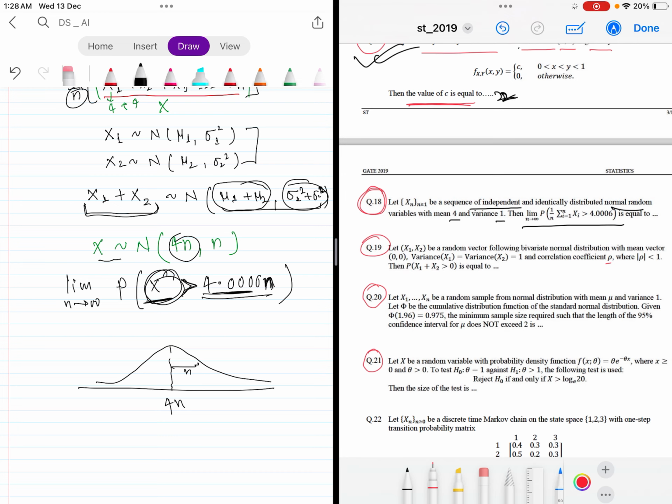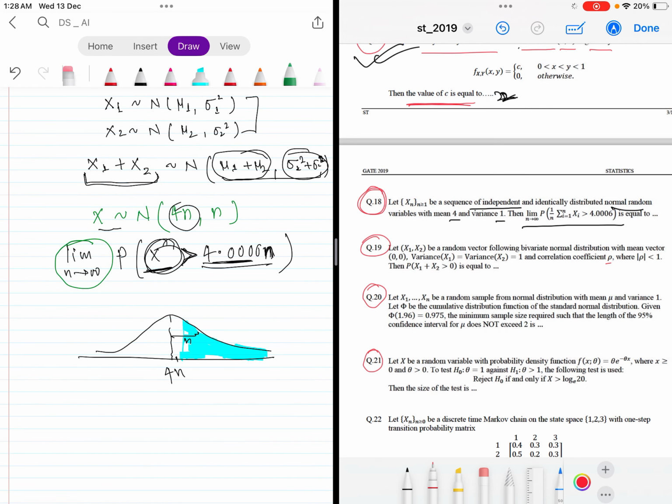So maybe 4.0006 n will be somewhere here, and you have to calculate this area. And before that, you will also have to take the limit as n tends to infinity.